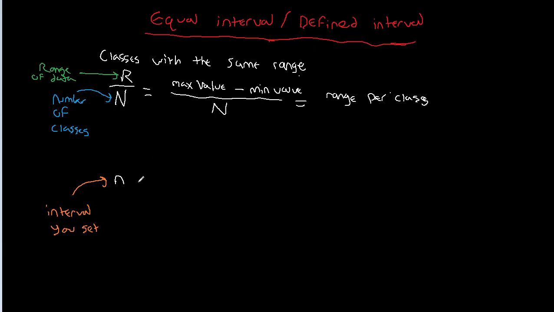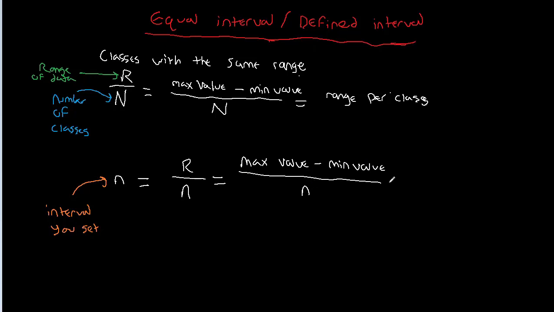In order to convert that, we take the range and divide it not by the number of classes, but by the interval that we set. So this is going to be the max value minus the min value, divided by the interval that we set.